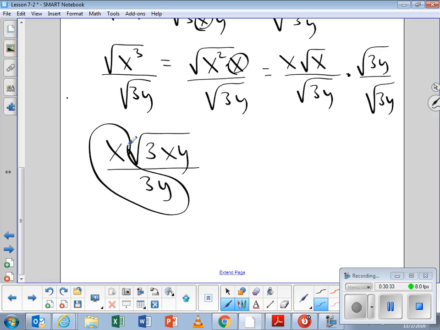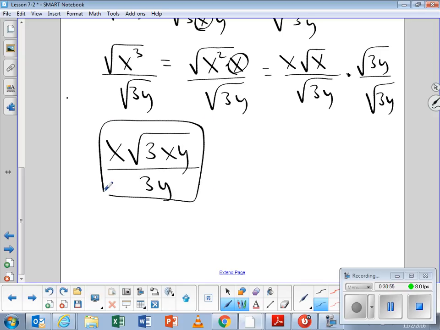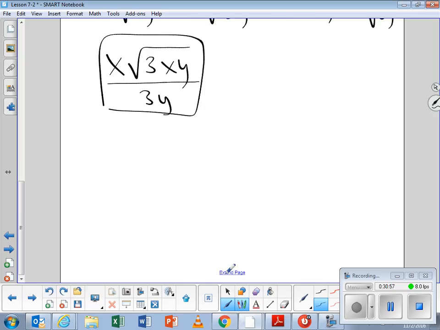But x and 3 and y don't have any common factors, so I can't cancel these. But if they did, then I would cancel them. So this is my final answer.